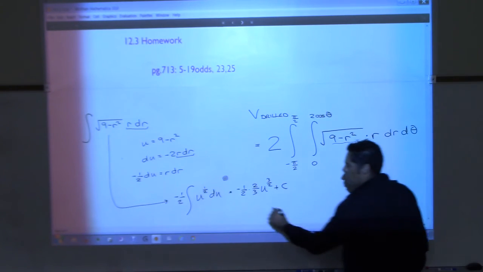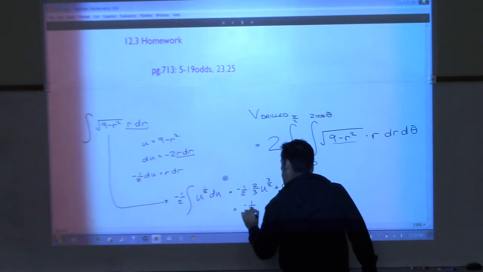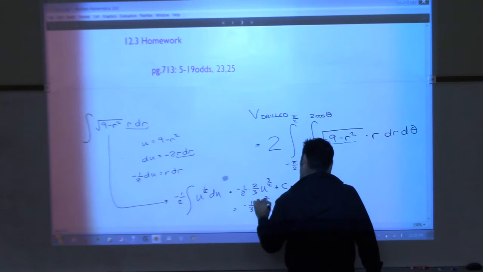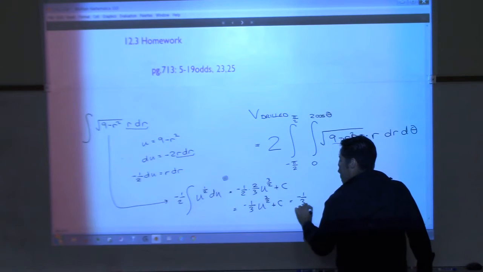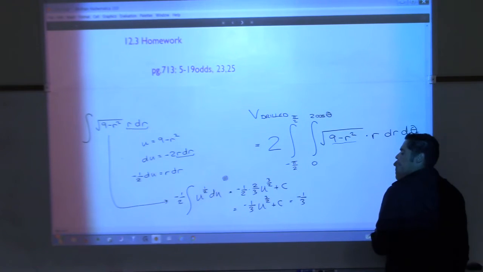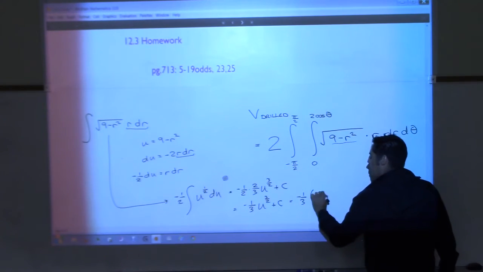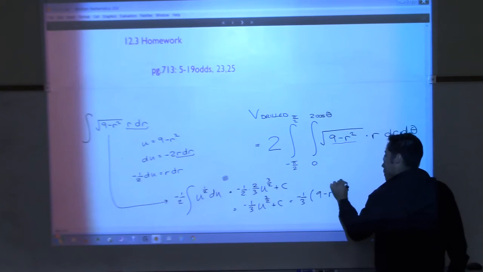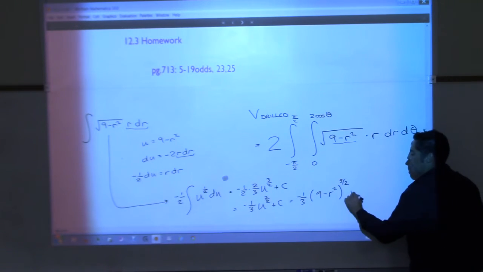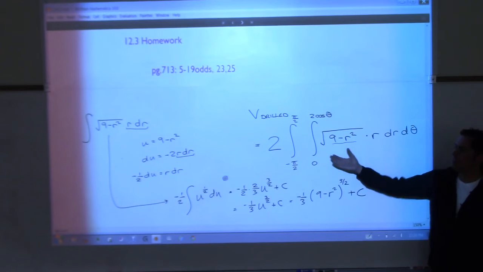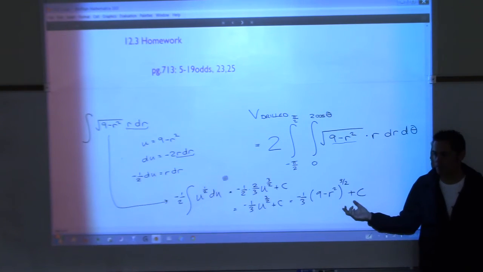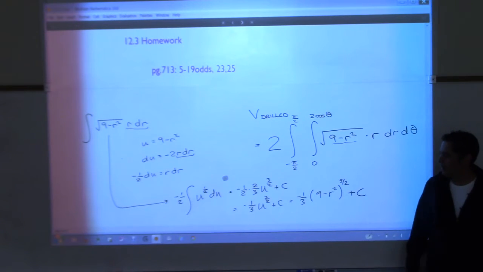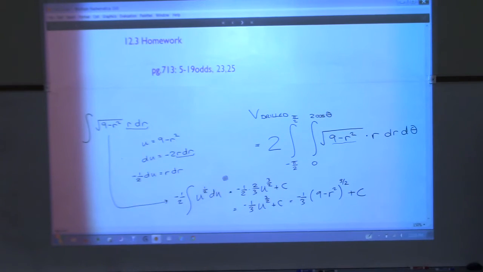And that's just negative 1/3 u to the 3/2 plus c. But u was what? 9 minus r squared, to the 3/2, plus some constant. So just the inner integral, if I were doing it as its own little integral on the side, this is what it would be, right? Okay.